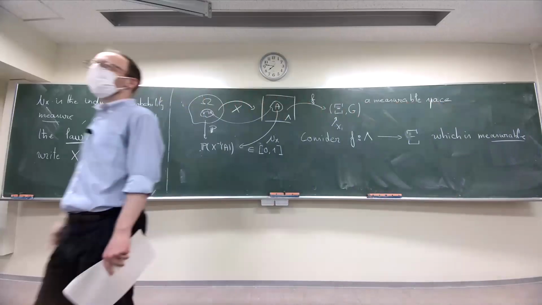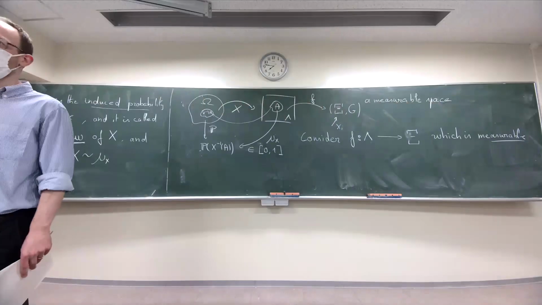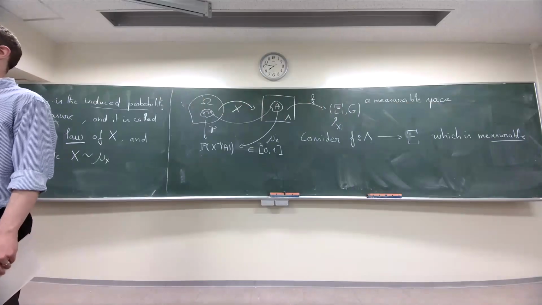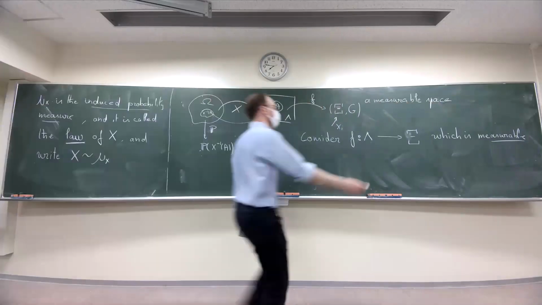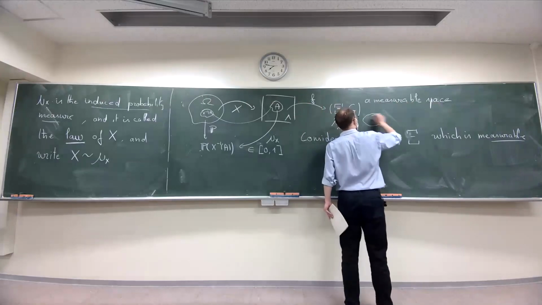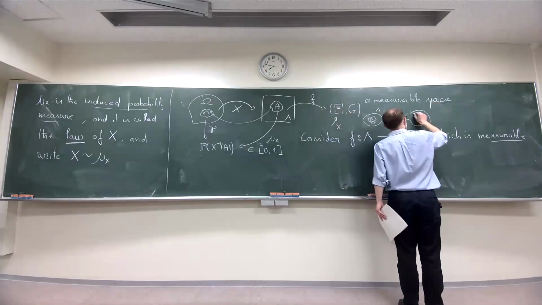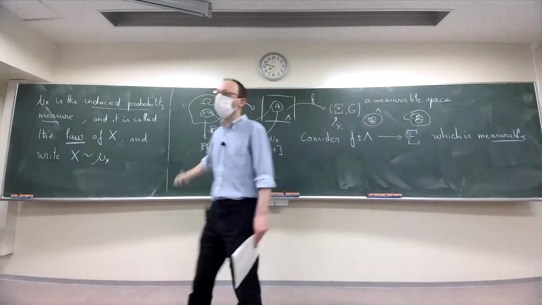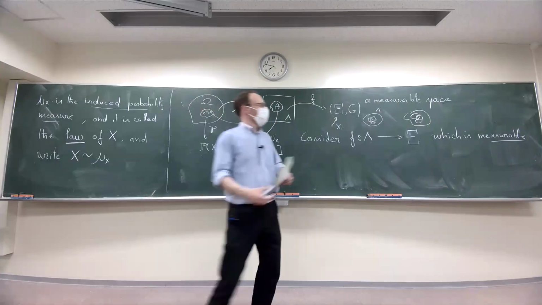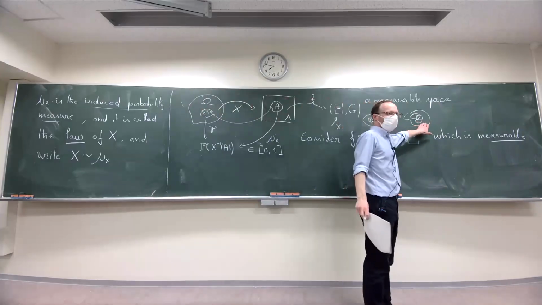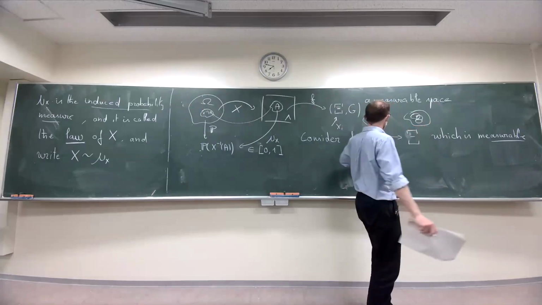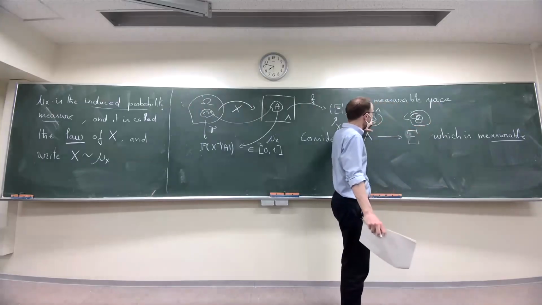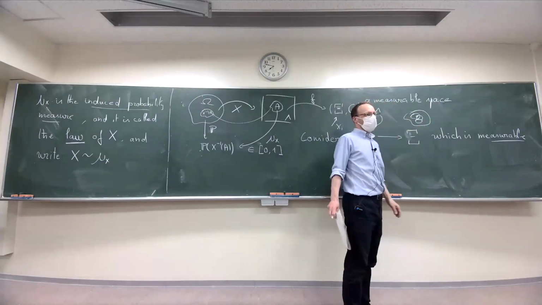What does a measurable function mean? Can you guess? This set has some subsets. This one has also some subsets. So what does measurable mean? We have already done it before. It means whenever you take one set here, there exists a set in this family which is sent here.